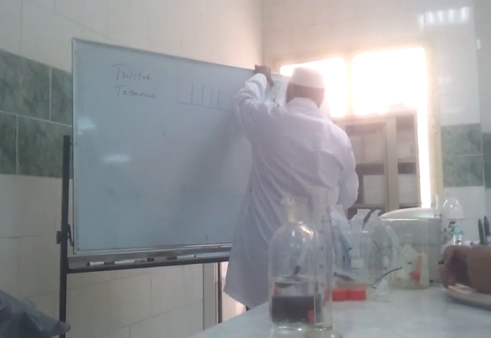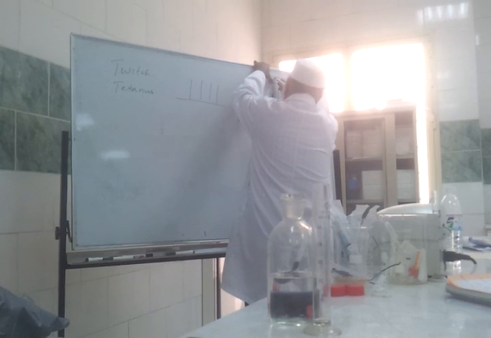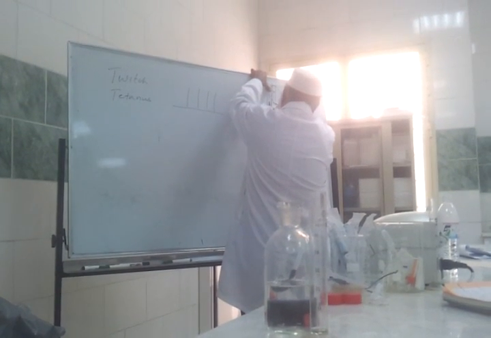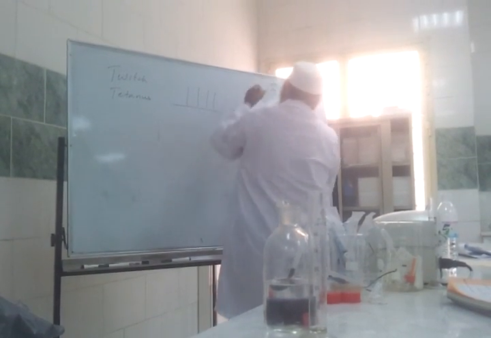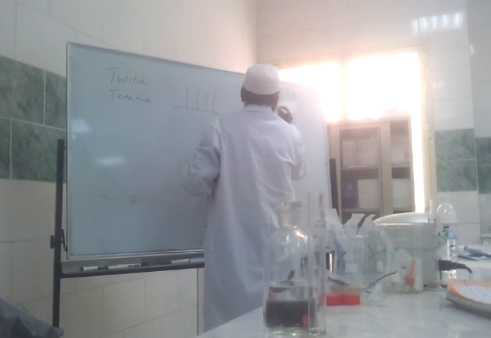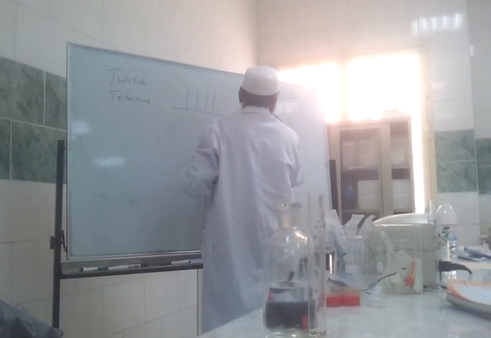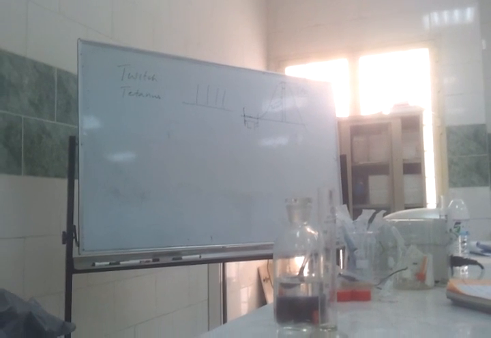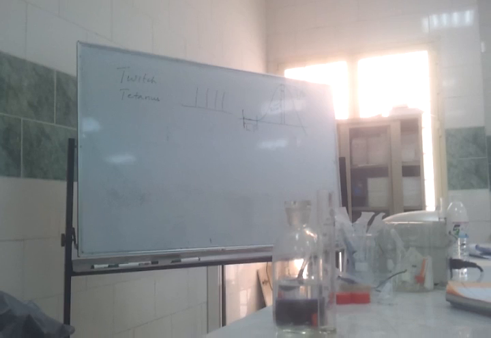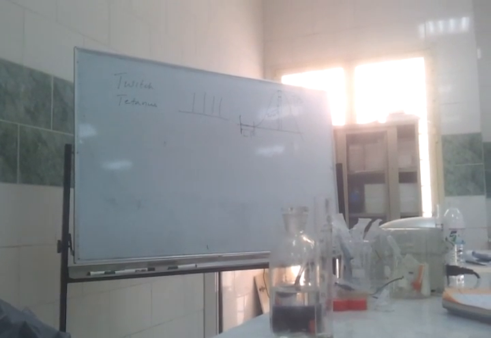Twitch height means the maximum height up to which the curve moves. So vertically you will measure twitch height and horizontally you will measure twitch peak duration.